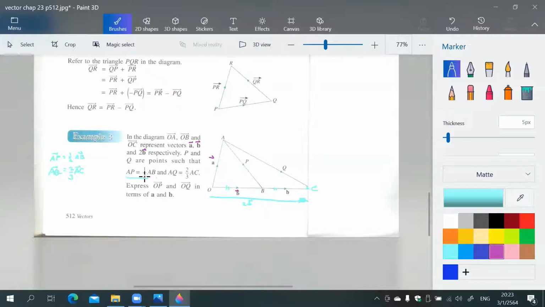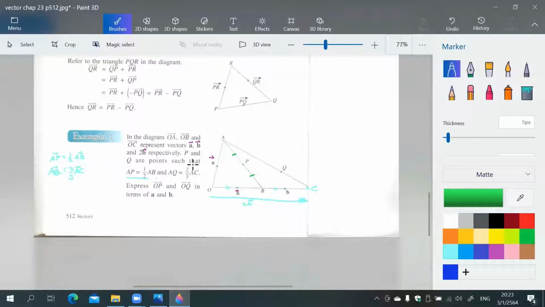So we come back to here. AP equals half of AB, that means P is the midpoint of AB. So we can say the length AP equals the length of PB, or at the same time, vector AP equals vector PB.